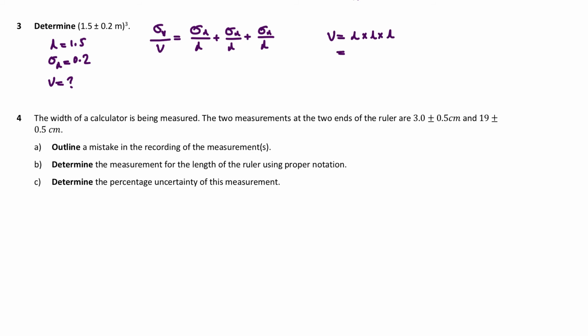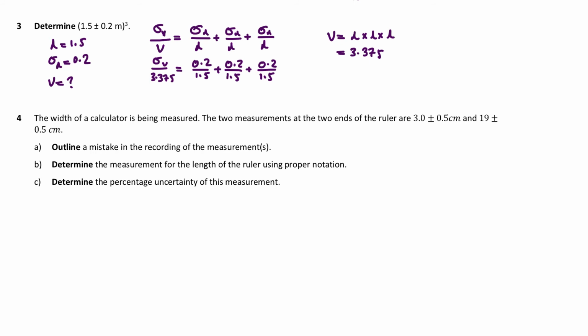And this is going to equal, I'm just going to put it on my calculator, 1.5 cubed, 3.375. So I'll put the values in. I get 3.375. Uncertainty of the volume is going to equal uncertainty of length over 1.5 plus. And you can also just write this as 3 times this, or just the exponent multiplied by this. It'll be the same idea.